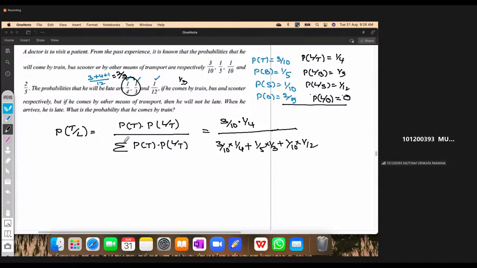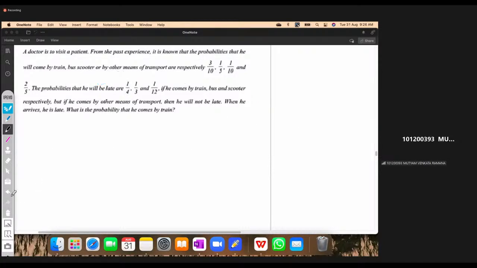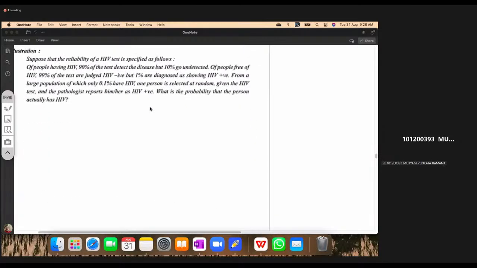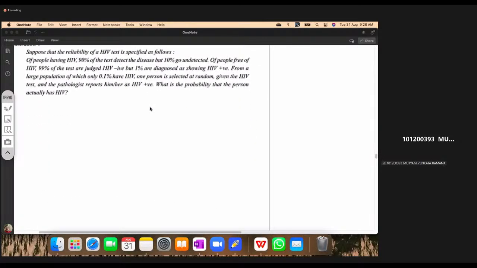Right. Let us move to the next one. Are you getting some clarity about this Bayes theorem, how to convert into subparts and proceed?